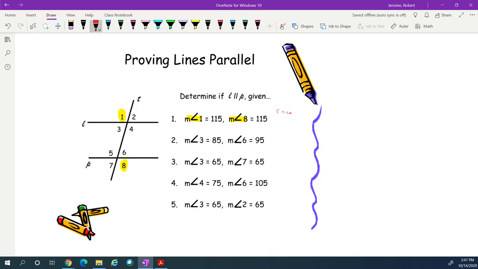So we can say since the alternate exterior angles are congruent, then L is parallel to P. So we want to confirm that the angles are what we expect. And then we can say that the lines are parallel.